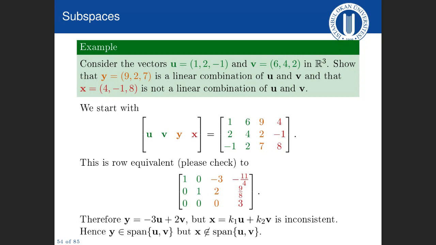But if we cross out the orange column, if we pretend that the orange column is not there, we just look at the green and the red, now we have a pivot in the right-hand column, and now we have an inconsistent linear system. That means that y is in the span of u and v, but x is not in the span of u and v.